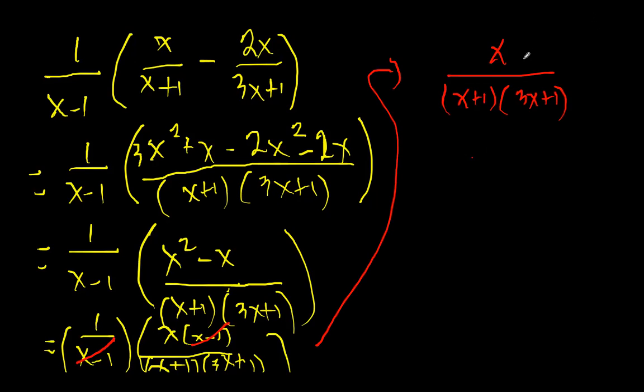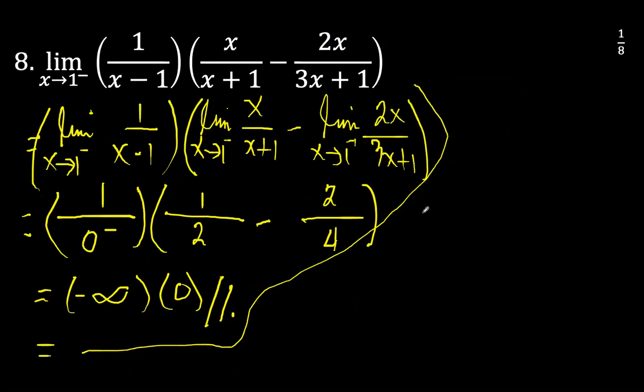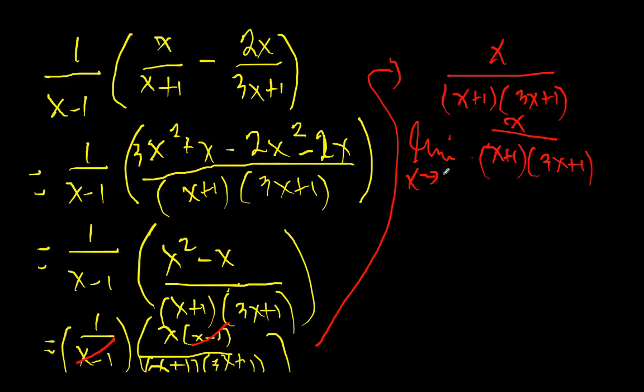Okay, and let's now take the limit since we already simplified. So the limit of x over x plus 1 times 3x plus 1 as x approaches 1 from the left.